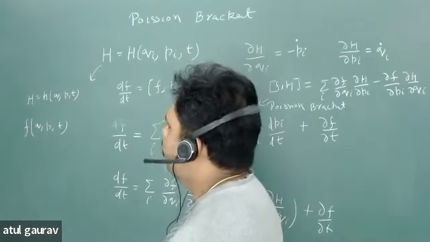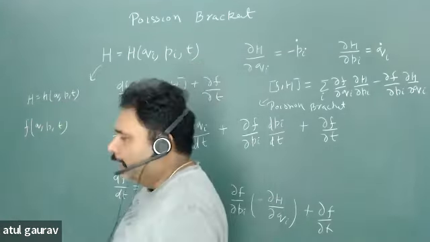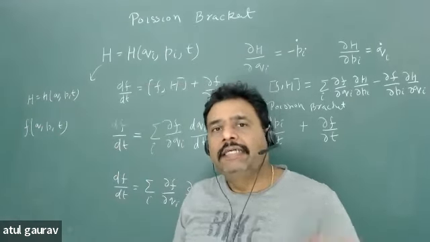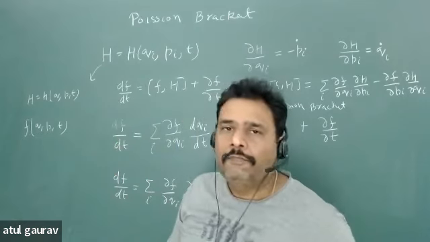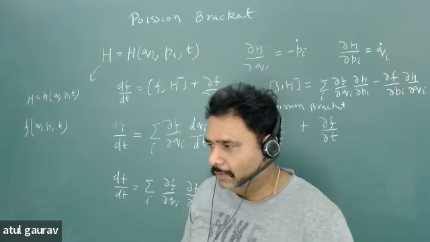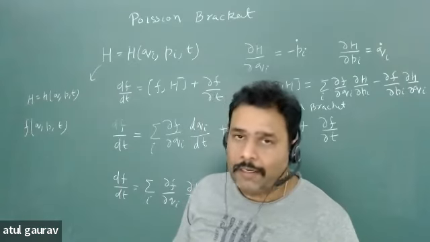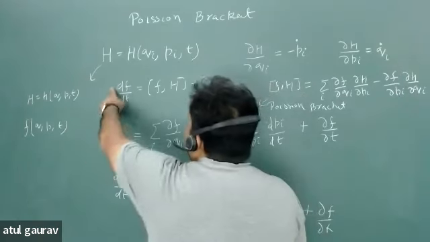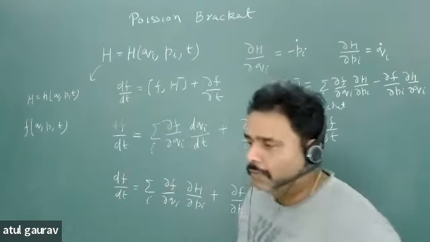Now the question is: if f is an explicit function of time, is it necessarily a constant of motion? No, sir. No, it is not necessary, unless you have df upon dt equal to 0.